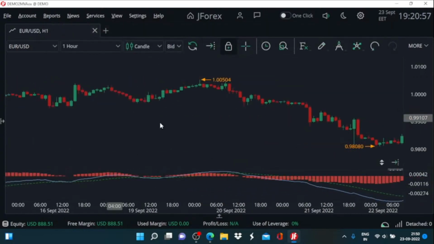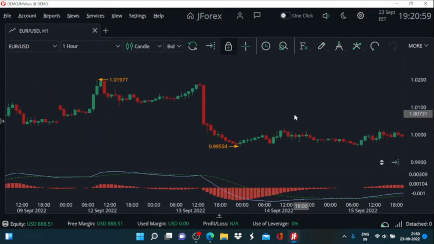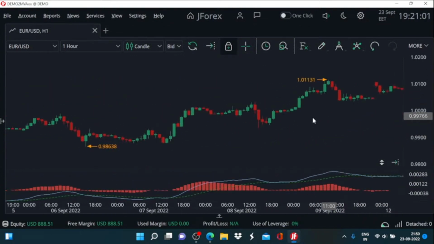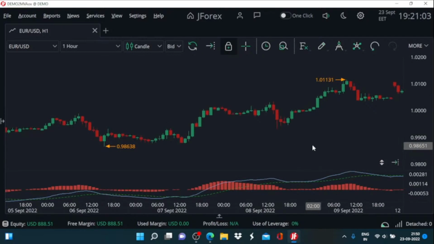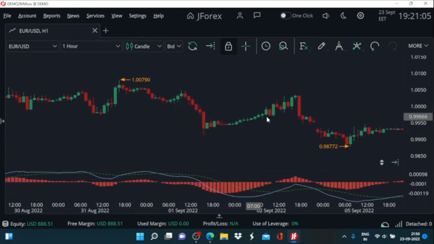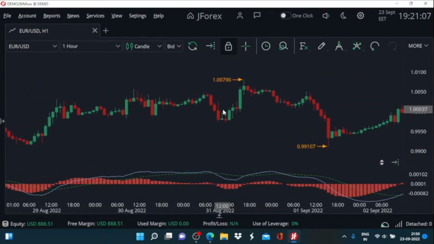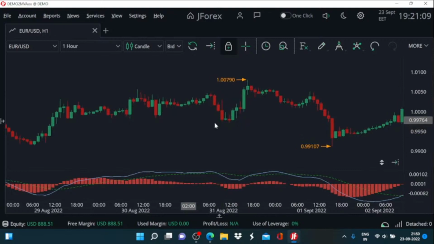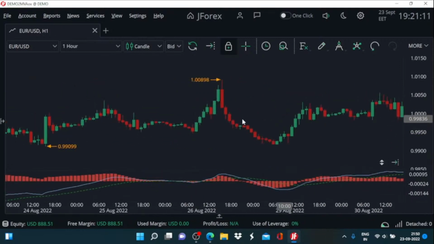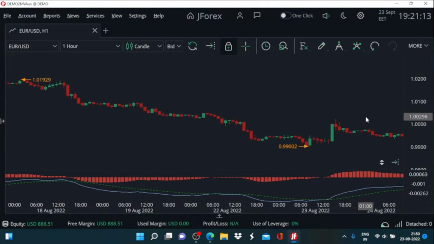Then the signals generated are going to have some lag, but these signals are likely to be more sustained, and we will be having these trends which are generated sustaining themselves for quite long period of time.